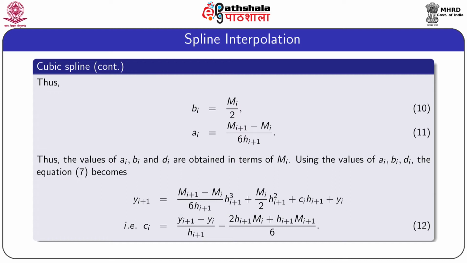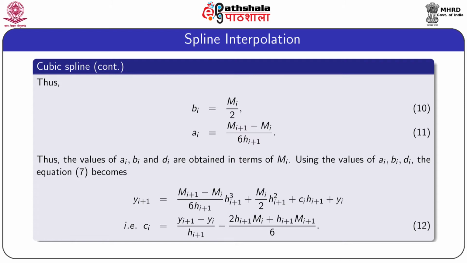After simplification or rearranging, we get the value of c_i, which is equal to (y_i+1 - y_i) divided by h_i+1 minus (2 h_i+1 M_i plus h_i+1 M_i+1) divided by 6. So, this expression, equation 12, gives the value of c_i.